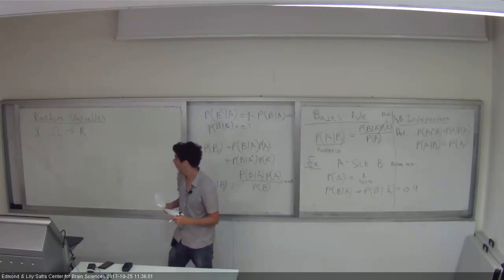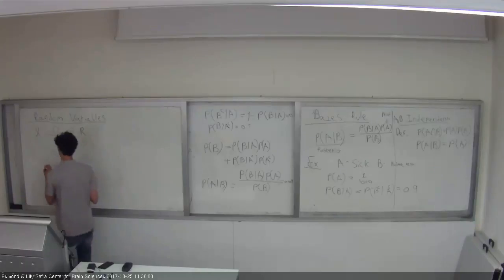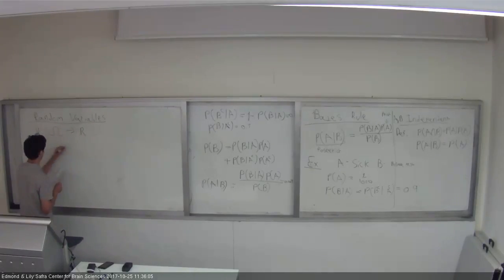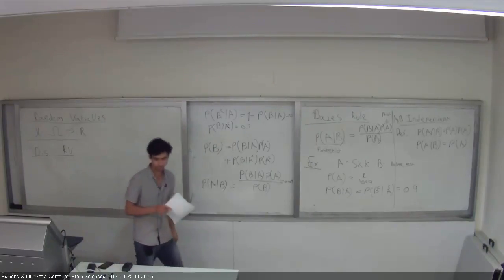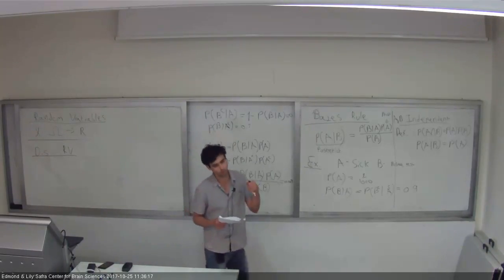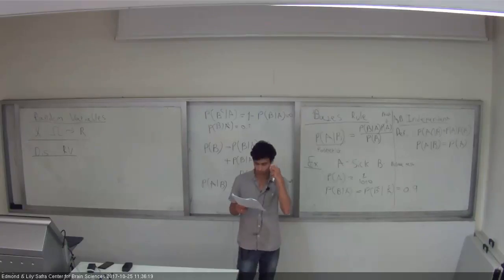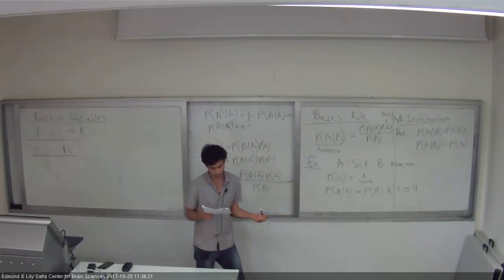So, a discrete random variable. We say that X is a discrete random variable if it can only take values from a discrete set. Okay?